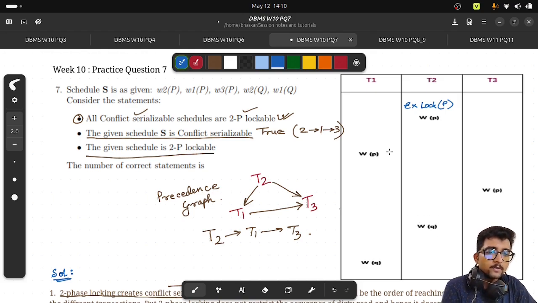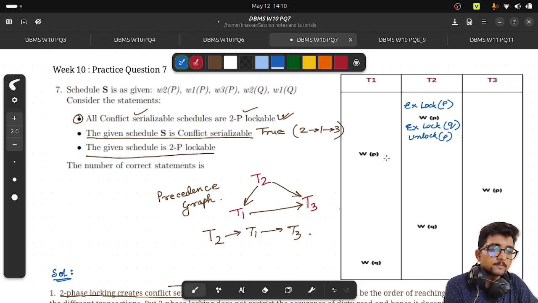So what I do is, let's put a lock on Q as well. Here only, I put an exclusive lock on Q, right? And then I unlock P. This is okay, right?